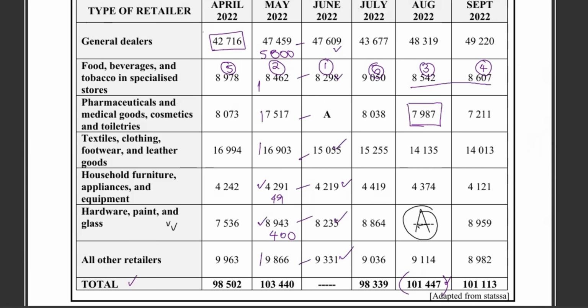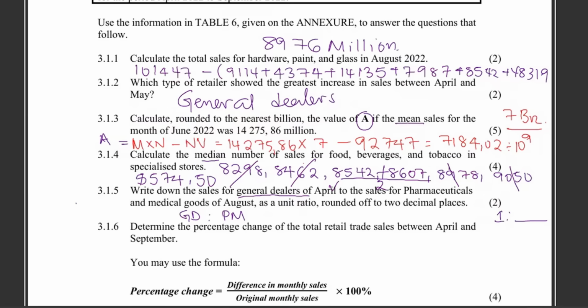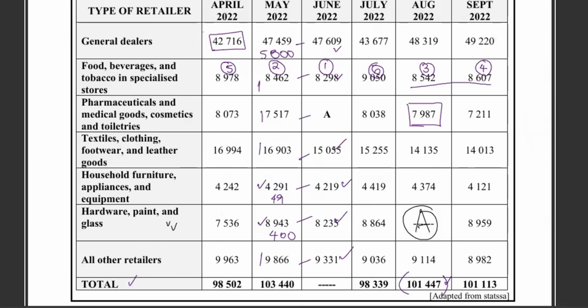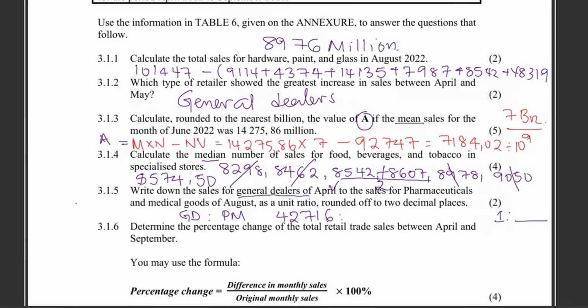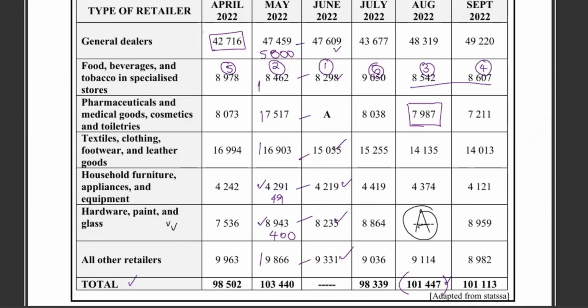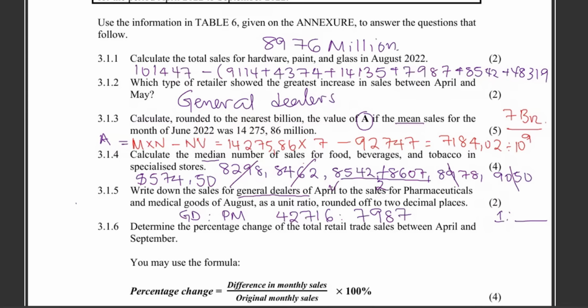The ratio now. So we come down here and we say 42,716 is to 7,987. So one of them has to become a 1. Either divide through by this to start with a 1.